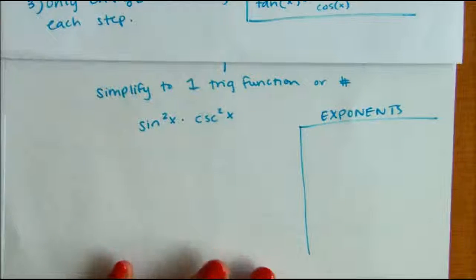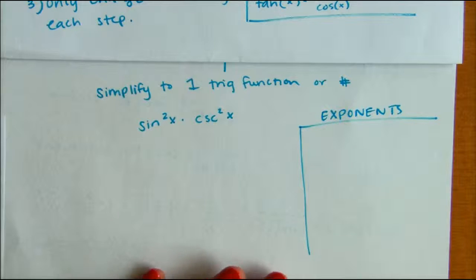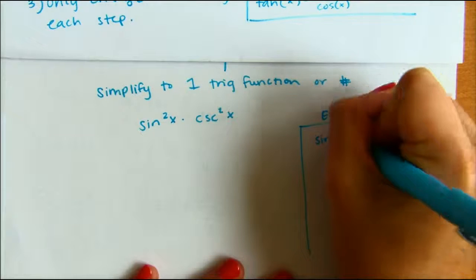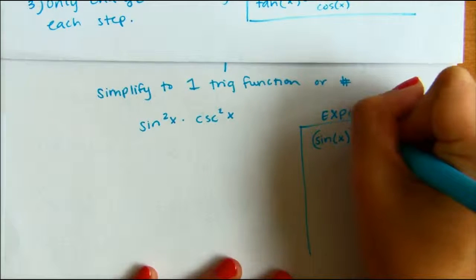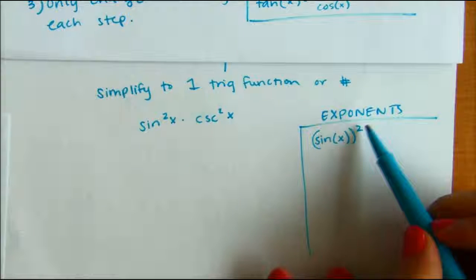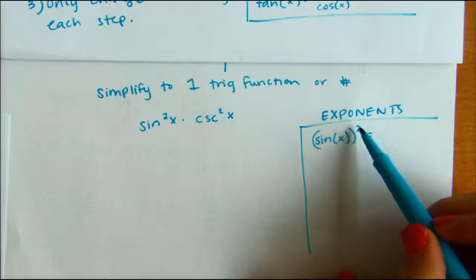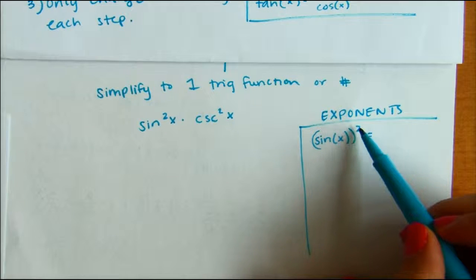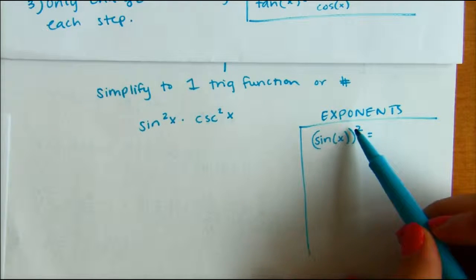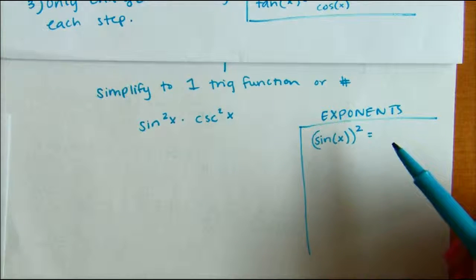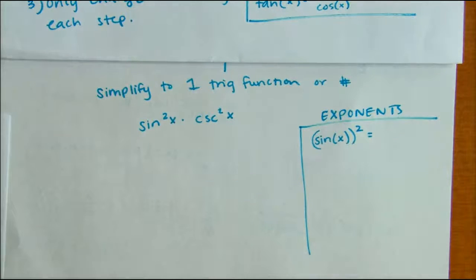and your trig functions. So notation-wise, if I have something like sine of x, and that whole sine of x is being squared, because mathematically we're worried about this exponent being really close to this x, a lot of people might be tempted to put the exponent with the x, but that would actually give us something different from just squaring sine of x.